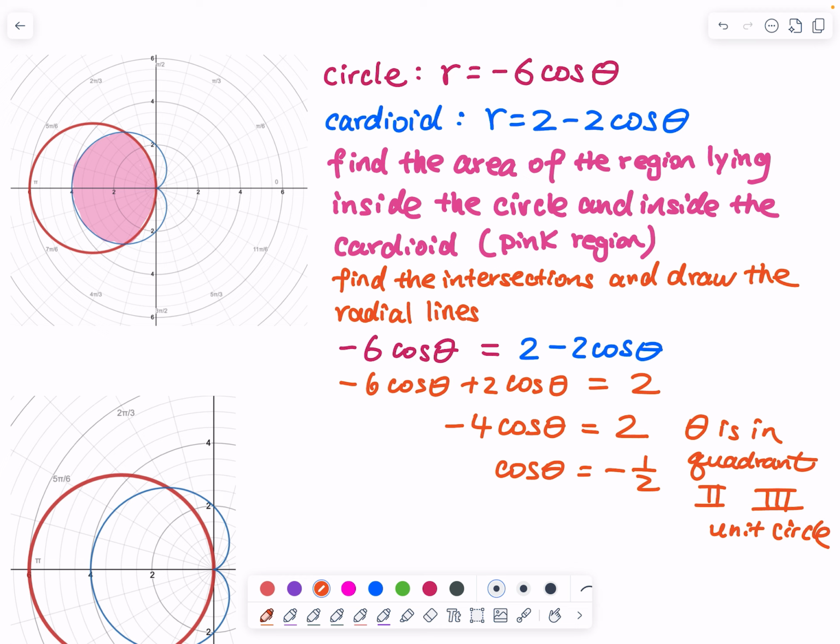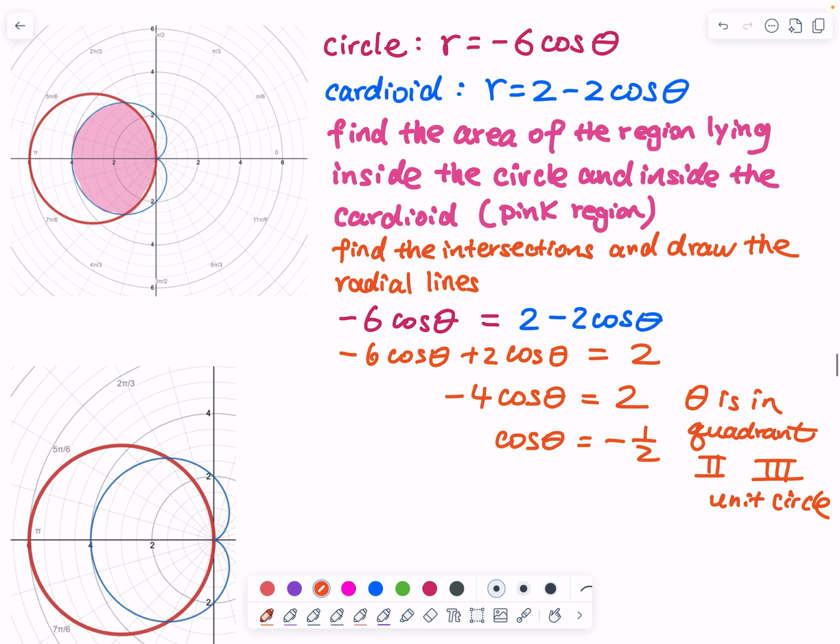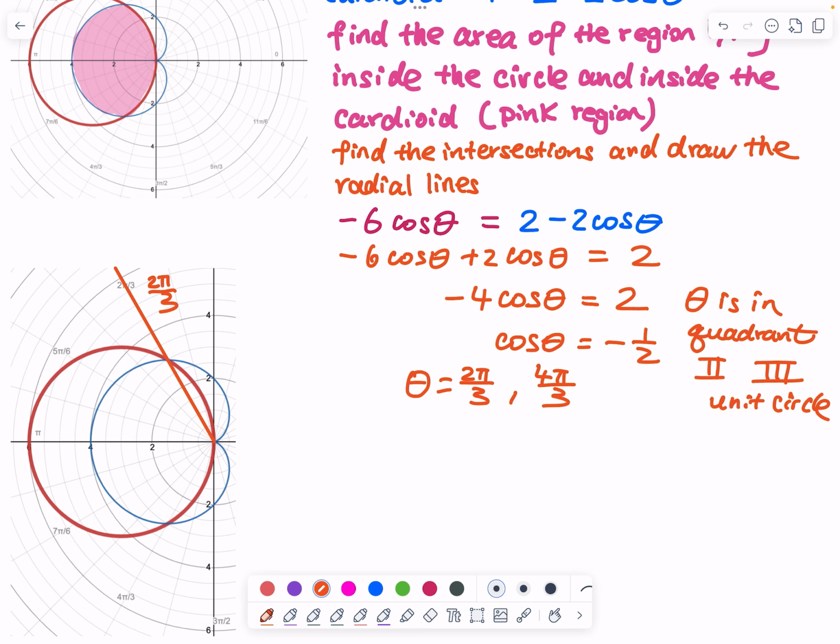Then you go to your unit circle in quadrant 2 and quadrant 3, which angle gives you x equals -1/2, and they are theta equals 2 pi over 3 and 4 pi over 3. So when theta is equal to 2 pi over 3, that is right there, and then 4 pi over 3, that is right here.